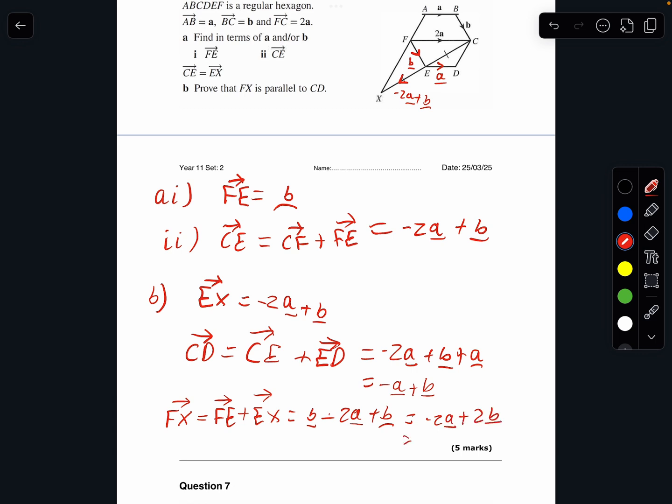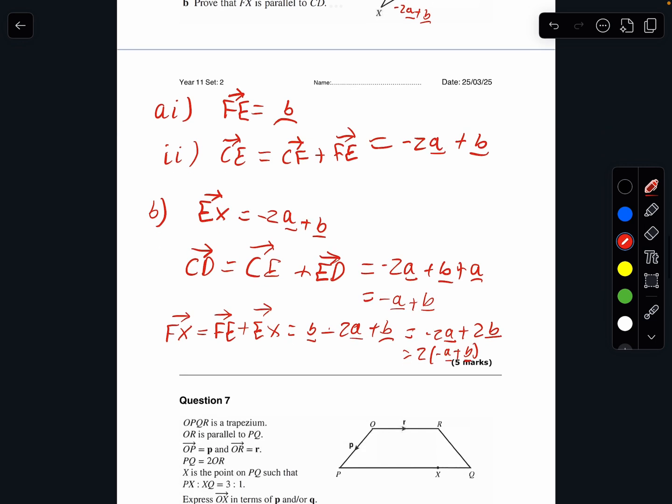I can factorize that 2 out, 2 times minus a plus b. So at this point what I can say is that F to X is 2 lots of C to D, parallel as a multiple. Something like that. Okay.